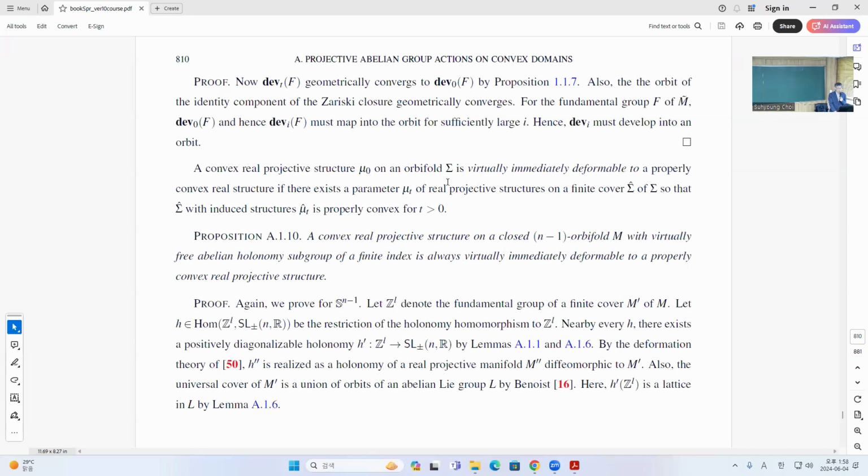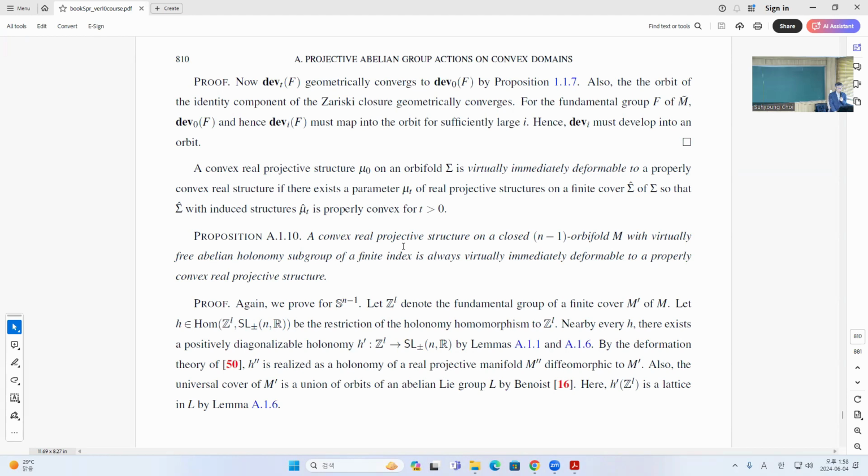And so mu_0 is virtually deformable to a properly convex domain if you can find a parameter of your projective structure on some finite cover so that this induced structure is properly convex for t bigger than zero. Okay, so you can deform up to some finite cover.